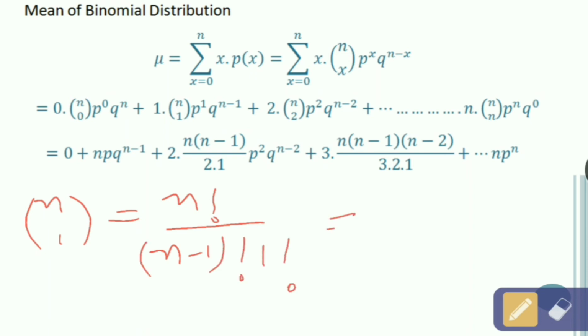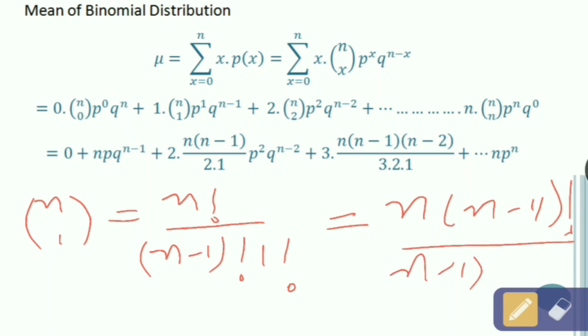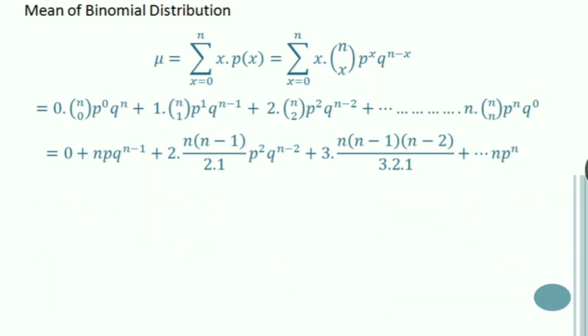Now we can open up this n factorial as n into n minus 1 factorial upon n minus 1 factorial into 1 factorial. So this n minus 1 factorial will get cancelled with this n minus 1 factorial. We are only left with n, right? So here nc1 is n, p raised to power 1, q raised to power n minus 1 as it is.